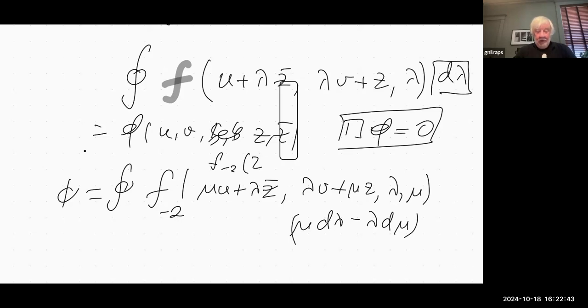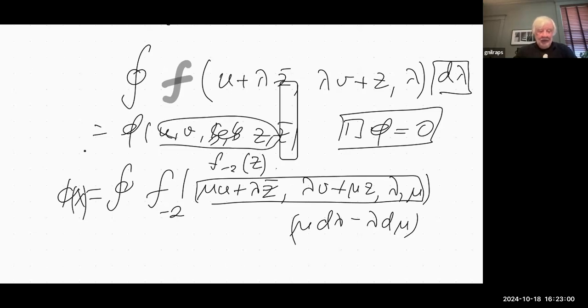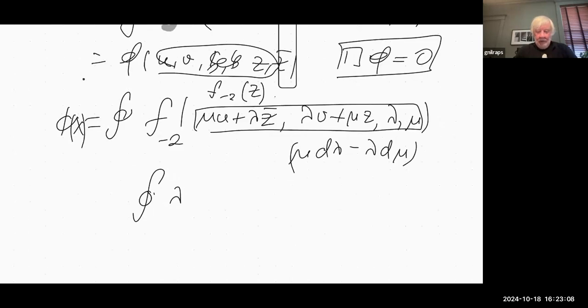So given a function on the twistor, you can extract from it a function of space-time here. So I'll call that just phi_x, x labeling the 4 points u, v, z, and z bar. And if you have a degree -2 function, this is then a scalar. And then if you put in some powers of mu and lambda, you do the same thing.